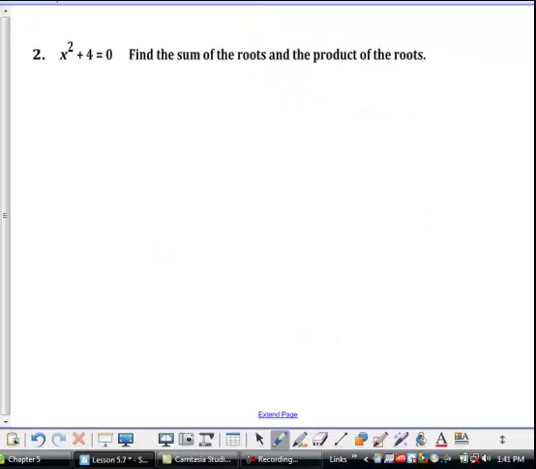All right, this one says find the sum of the roots and the product of the roots. I'm going to do the formula way because it's easy. So the sum says take the -b value and put it over a. When I look up here, I see my a value is 1. I see there is no b value here, so it must be 0.